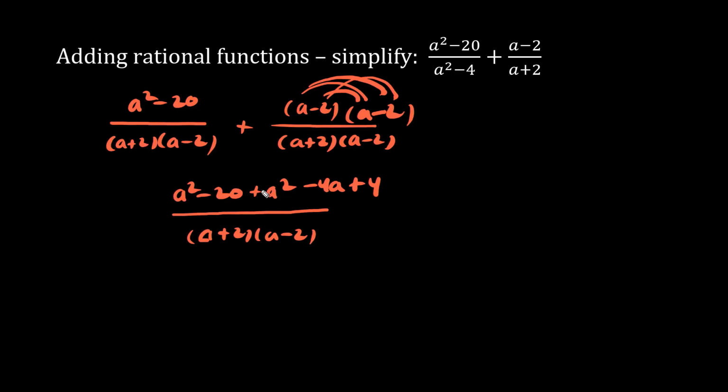So a squared plus a squared is 2a squared. We have negative 4a, and we have negative 20 plus 4 is negative 16.